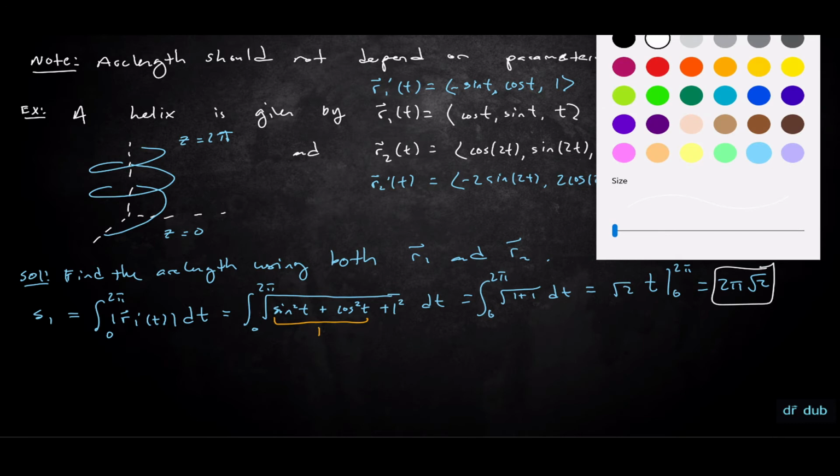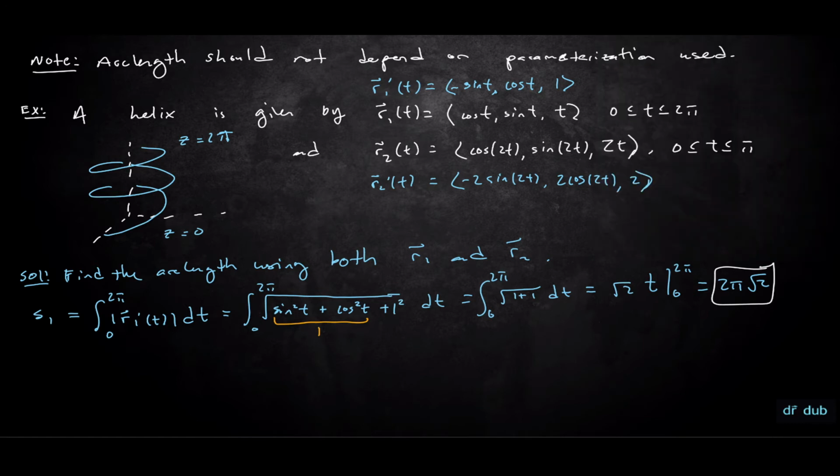Now if I use the second parameterization, I should get the same thing. Let S2 be the integral from 0 to pi of the magnitude of r2 prime of t dt, which is the integral from 0 to pi of the square root of, taking the magnitude of r2 prime, 4 sine squared 2t plus 4 cosine squared 2t plus 4, dt.